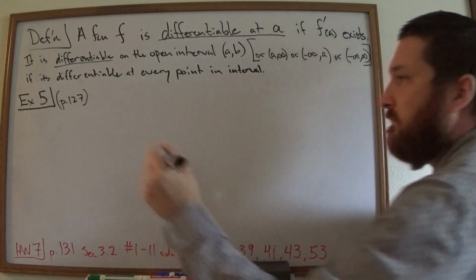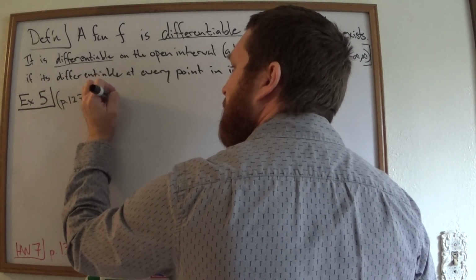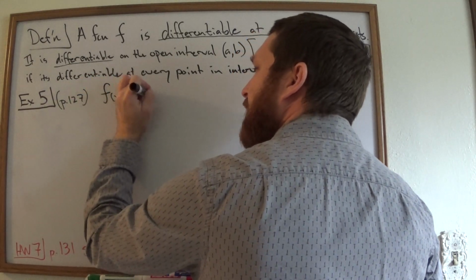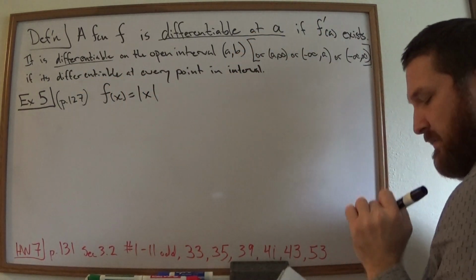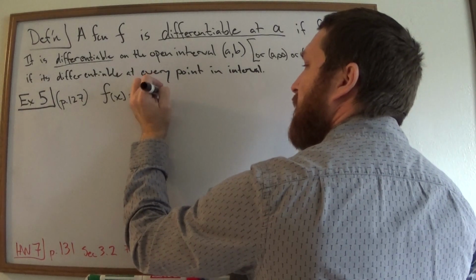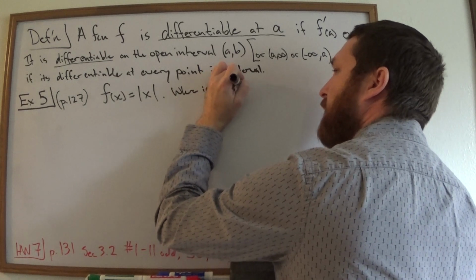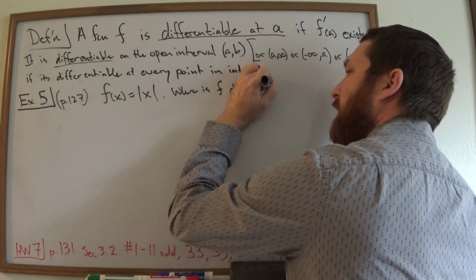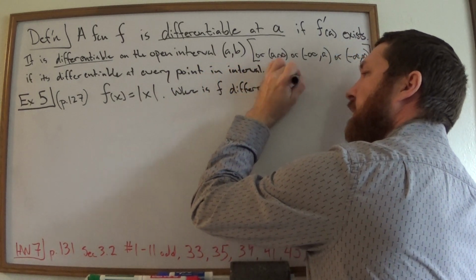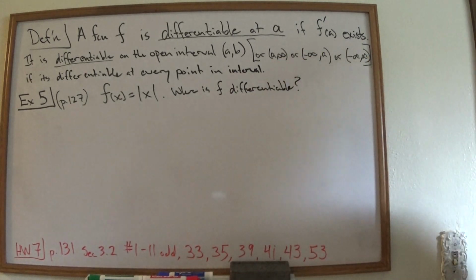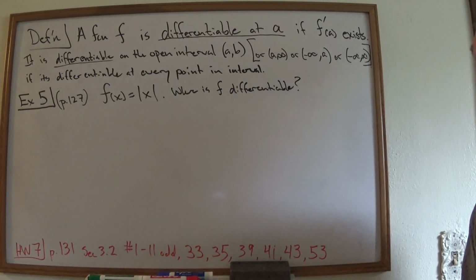It gives you f of x equal to the absolute value of x, and it asks where is f differentiable?